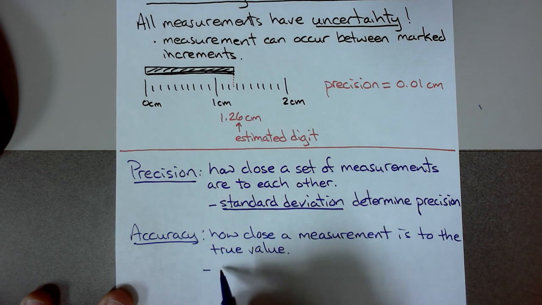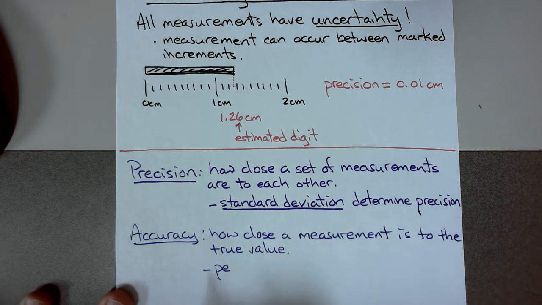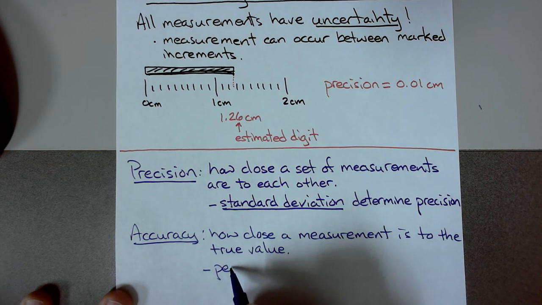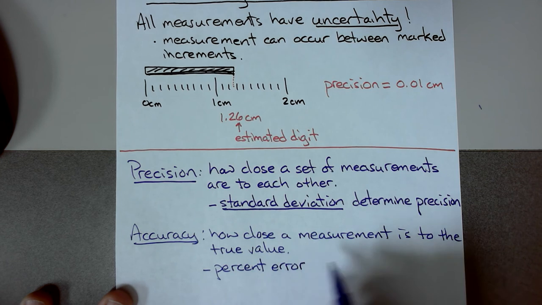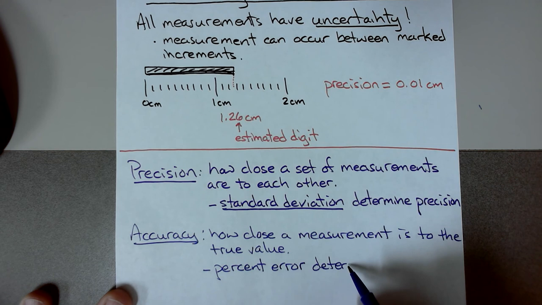And we use percent error to determine accuracy, and this you will learn how to do in this class. We will learn how to do percent error, and I will show you in a few minutes. So percent error determines accuracy.